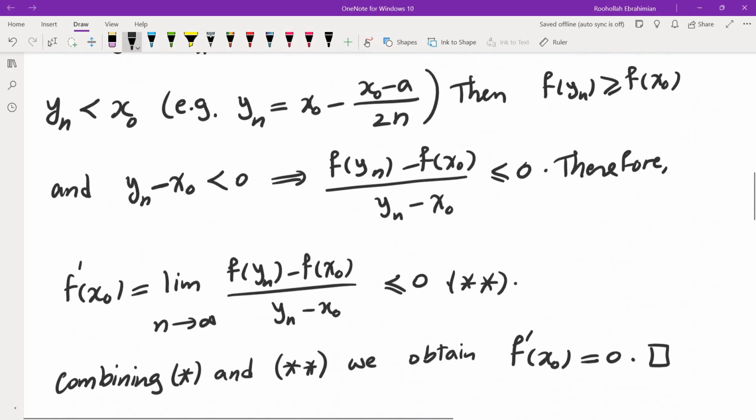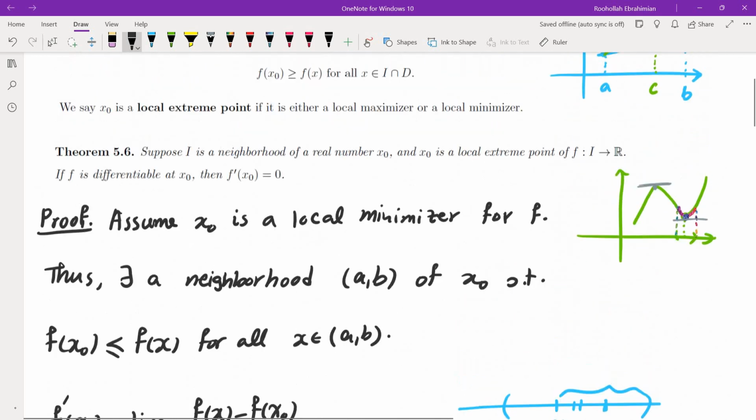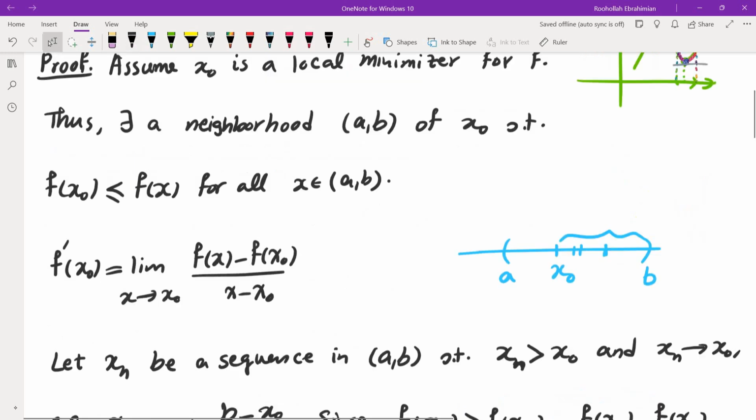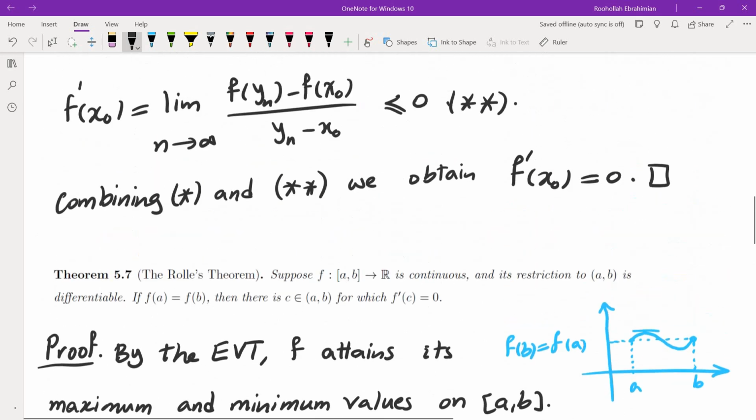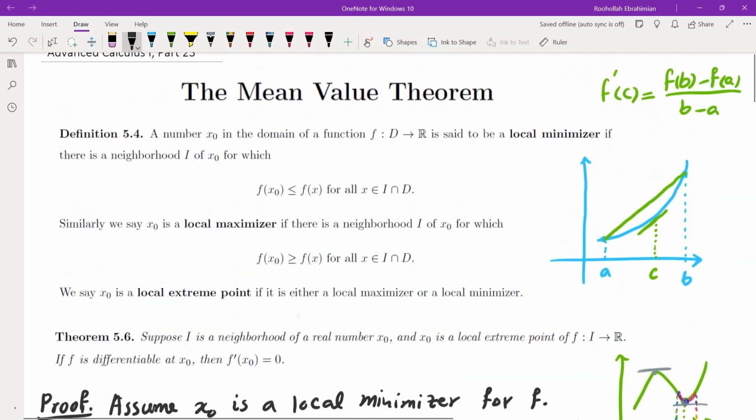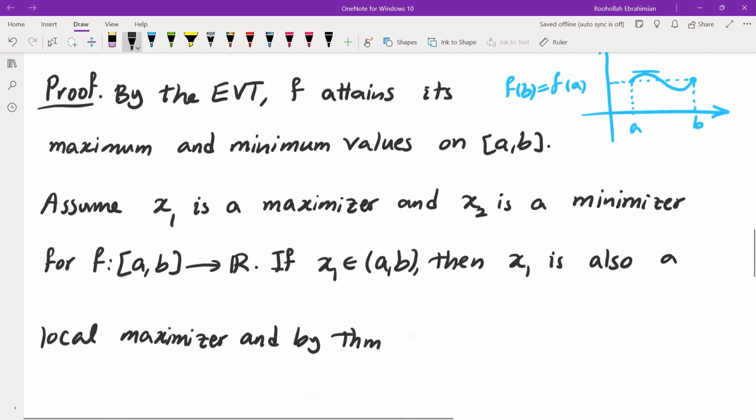So if you go back at what we did here, I is a neighborhood. In order for the derivative to be 0, I need I to be a neighborhood. So here I do have a neighborhood because I assume that x1 is inside the open interval. Then x1 is a local maximizer, and by the previous theorem 5.6, its derivative must be 0.